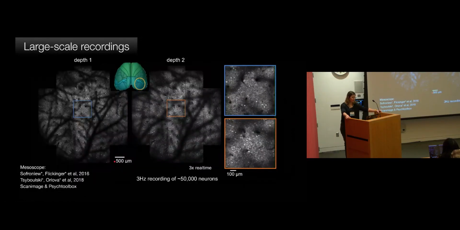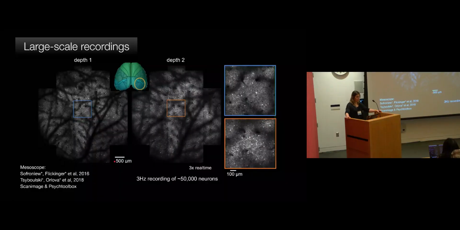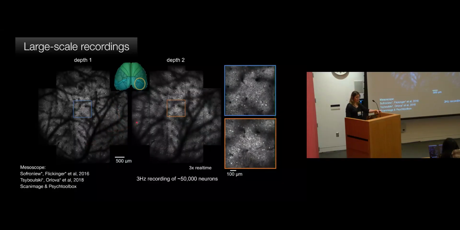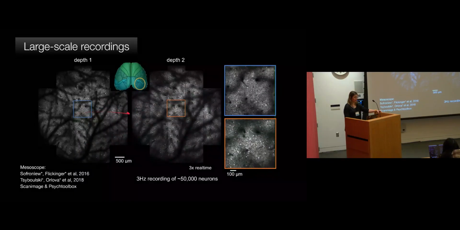We also do large-scale recordings in the lab with GCaMP6, or more recently also with GCaMP8, where we use a large field of view microscope, this mesoscope, which allows us to capture over 4 millimeters by 4 millimeters field of view. We do temporal multiplexing, so the laser pulses go one to this higher depth and every other one to the lower depth.